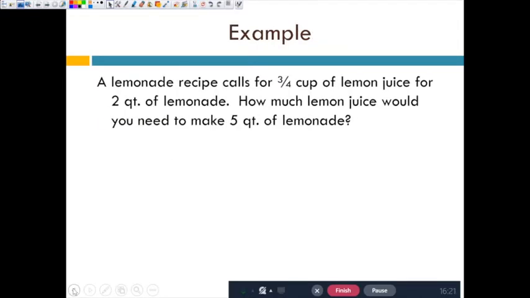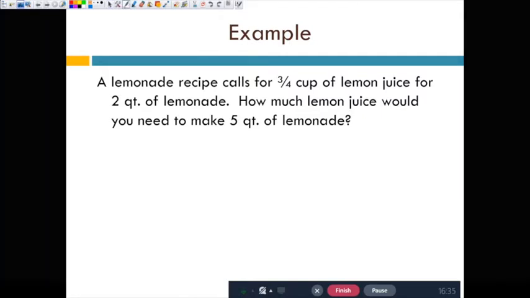Alright, so we're making lemonade. The lemonade recipe calls for 3/4 a cup of lemon juice for 2 quarts of lemonade. Okay, let's stop there. I need to make my proportion. What do I want on top? Lemon juice or lemonade? Lemon juice.